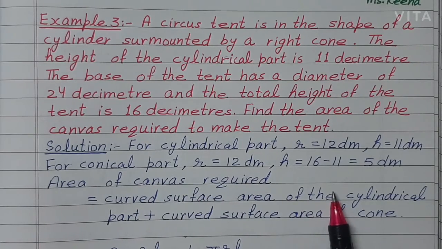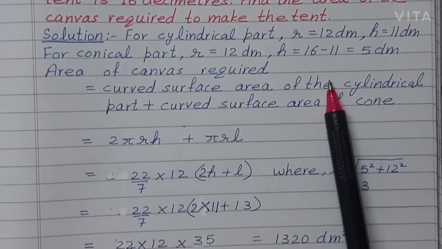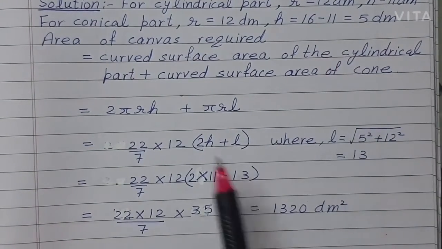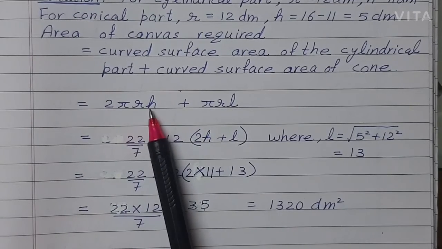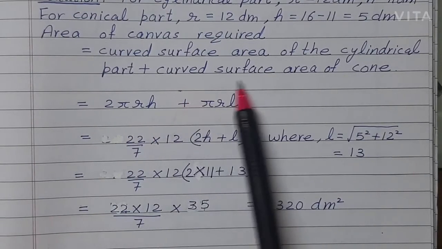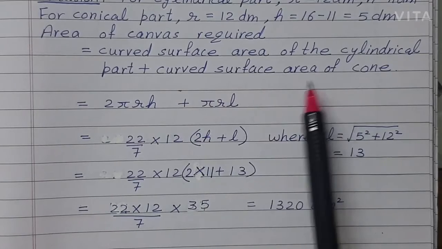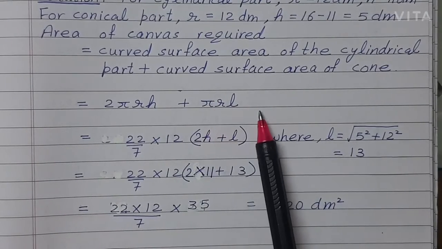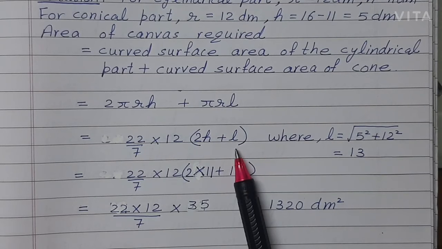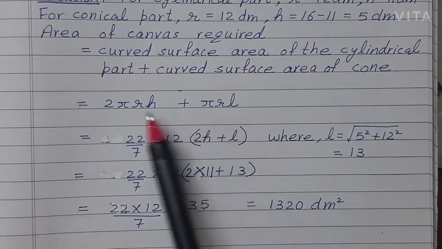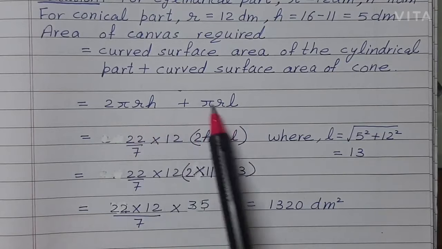Yes, that is 2 pi r h. Clear? So it is 2 pi r h plus curved surface area of cone, which is pi r L. Now let us substitute the values. Here you can take pi r common.